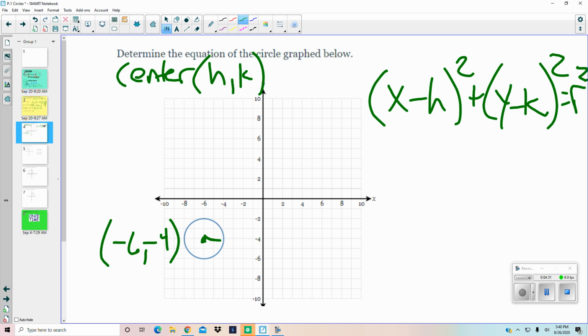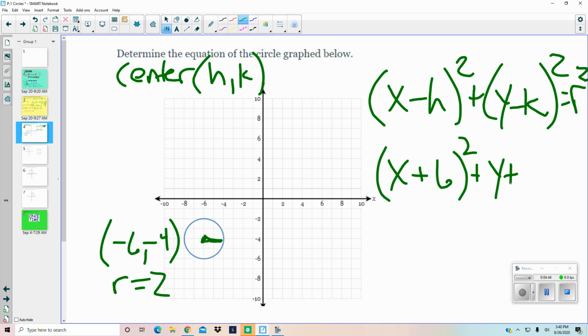Then I can clearly see my radius. That distance there is 2. So I can write (x + 6)² + (y + 4)² = 2², so it equals 4.